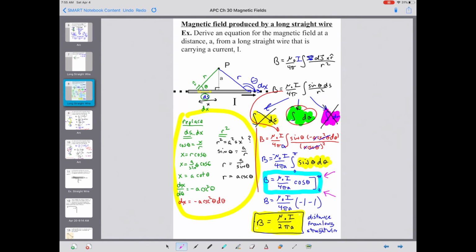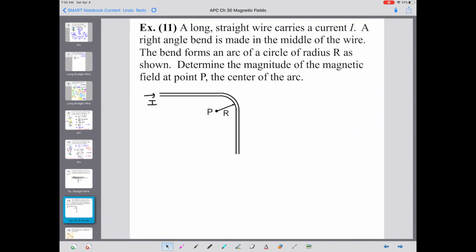They wouldn't go from 0 to pi. They would go from a specific single value to a specific final value. And that will enable you to deal with different length wires just by generalizing this step out and those endpoints of integration. Now, let's consider one example.